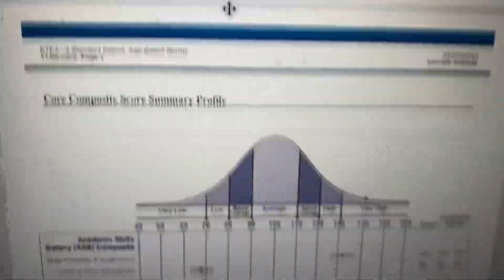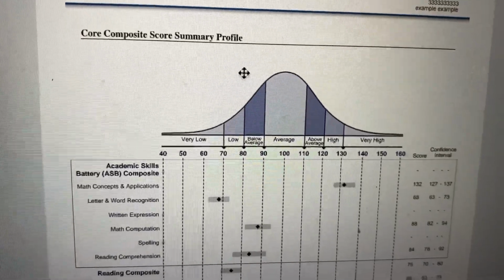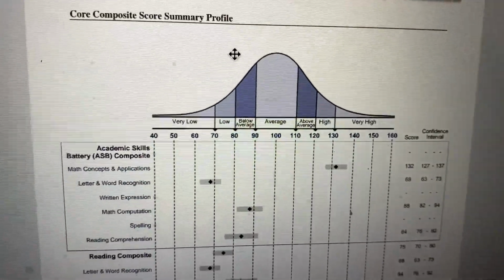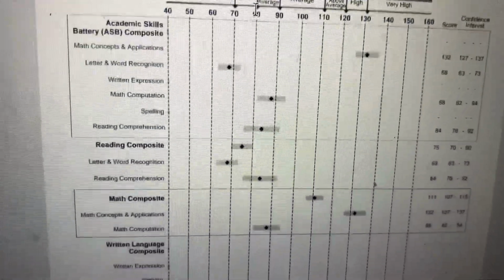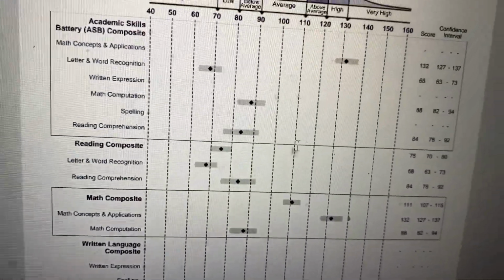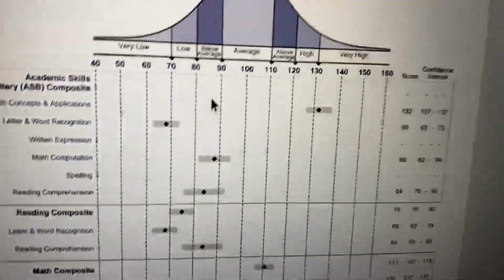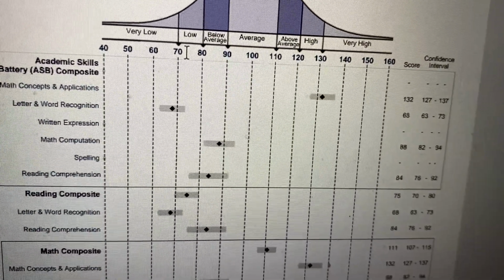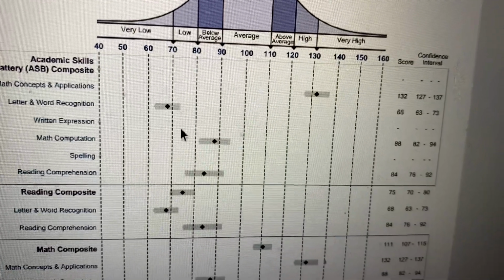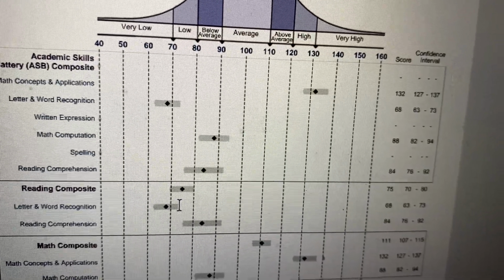And scroll past that, then it gives you a couple different options on your chart. So again, it's going to give you the one chart with just the big main subjects, and you can see where the kids are. So are they in the average, the high, the very high? Some people draw a line around 75, 77.